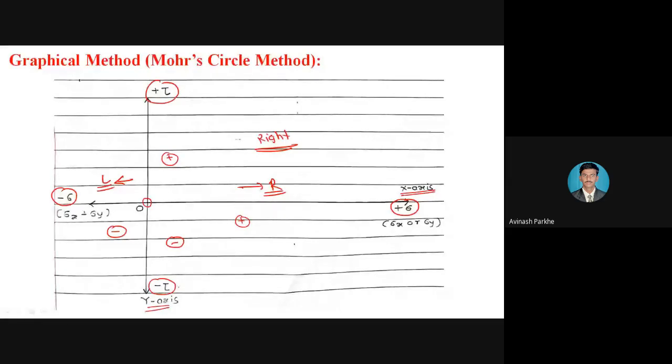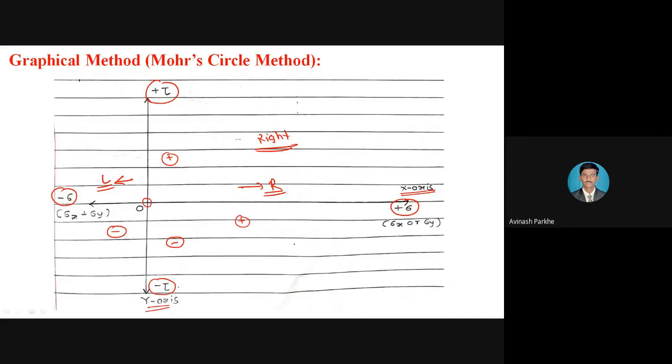So these are the sign conventions or procedures we have to follow whenever we use this graphical method. Once again, this graphical method is applicable for case number 2 and case number 3, because in case number 2 two stresses are there, and in case number 3 three stresses are there. At least two stresses are required to draw this Mohr circle. And how to identify that? If the body is subjected to sigma x and sigma y only, it is case number 2.